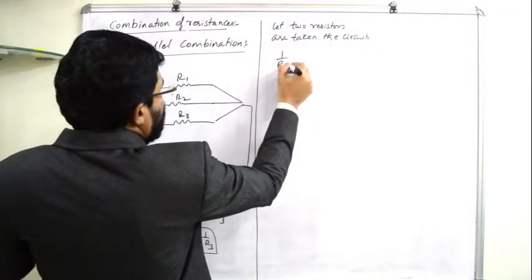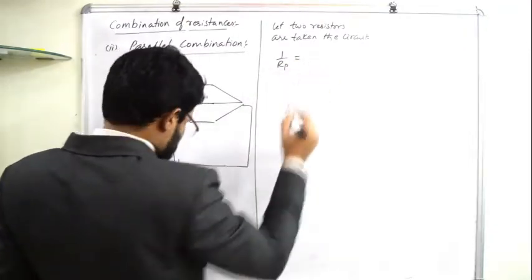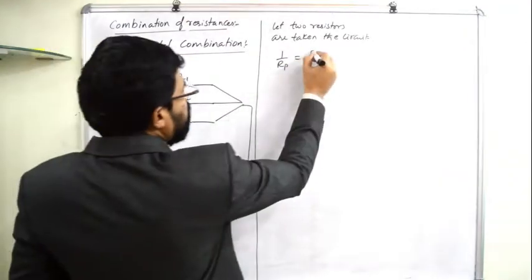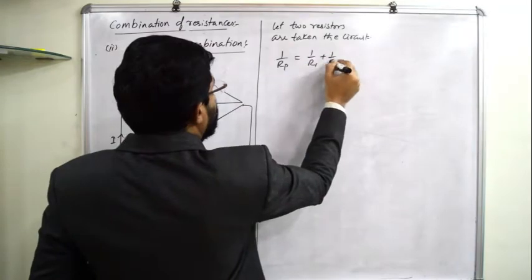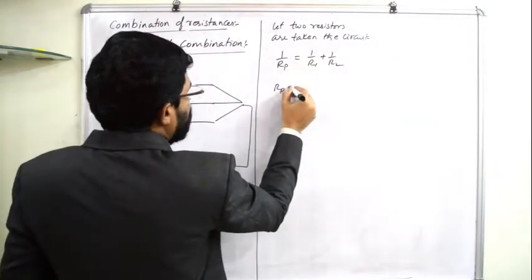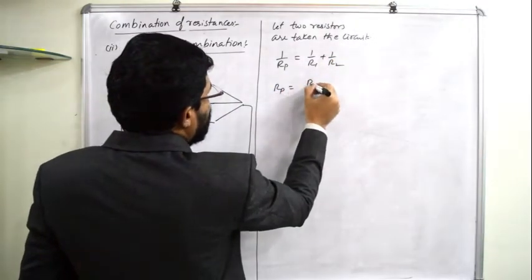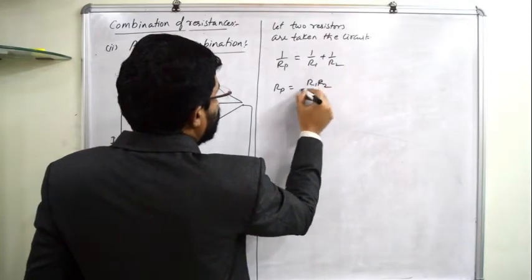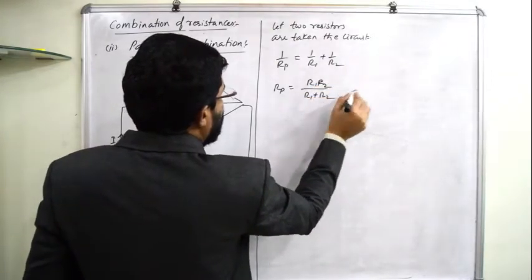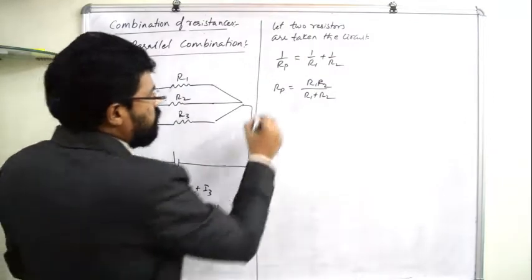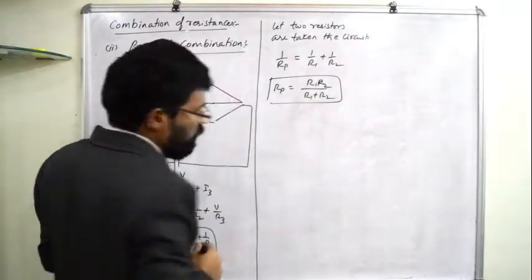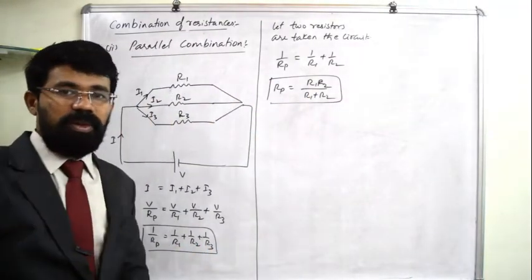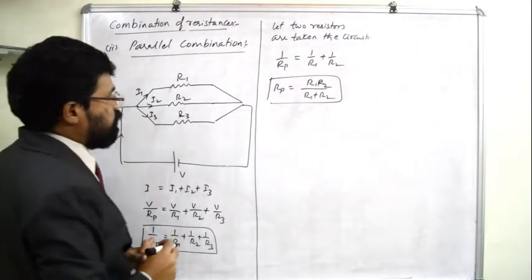Therefore, 1 by Rp can be written as 1 by R1 plus 1 by R2. It can be simplified like this: Rp is equal to R1 R2 by R1 plus R2, isn't it? So this is the equation for effective resistance offered by the parallel combination of two resistors.